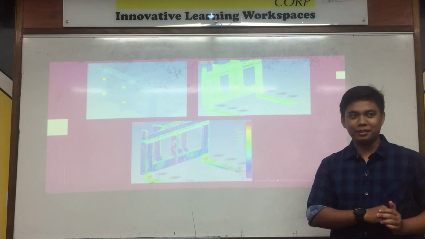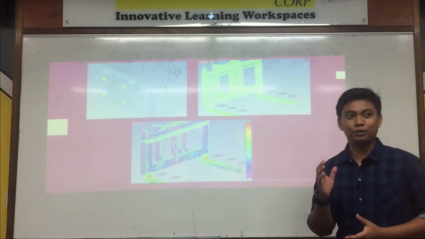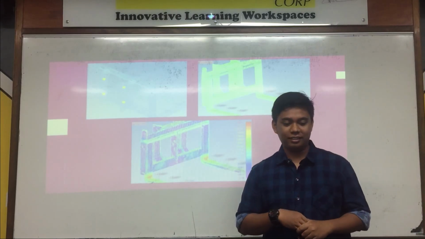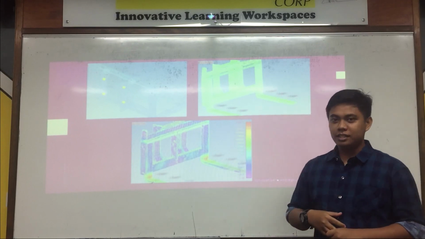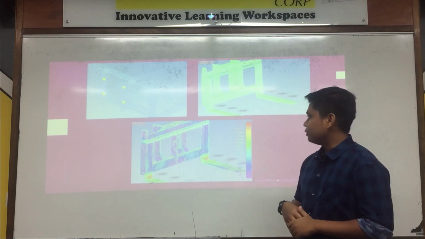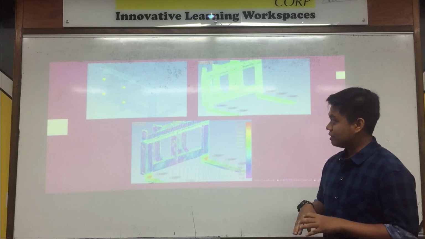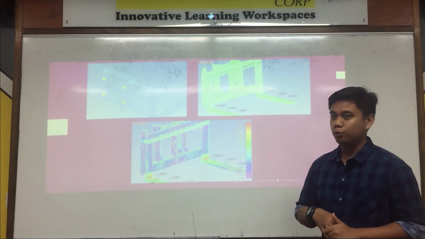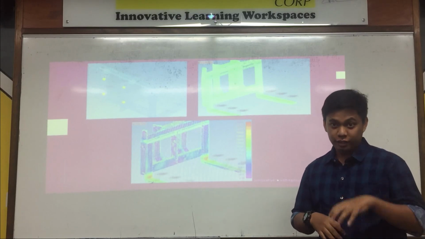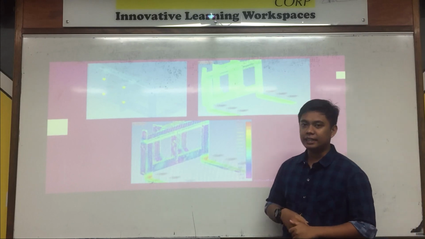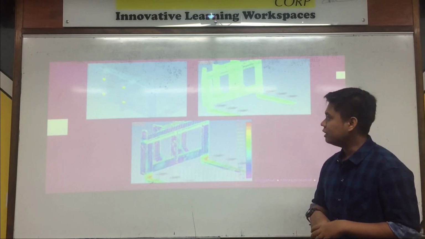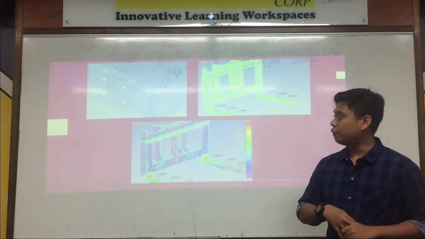Hi everyone, my name is Muhammad Fitri, and I will continue what my friend said just now. So after we set the material, for the next step, we have to set the boundary condition, which means the constraint for this problem. So basically, we just analyze the front part of the forks.